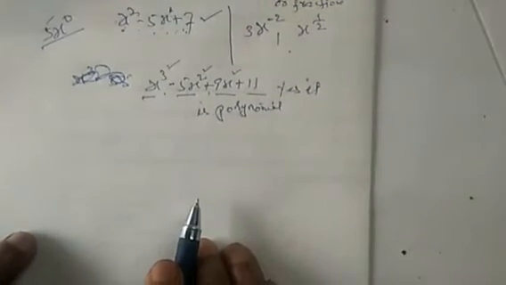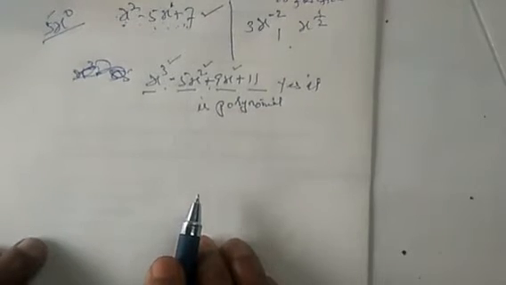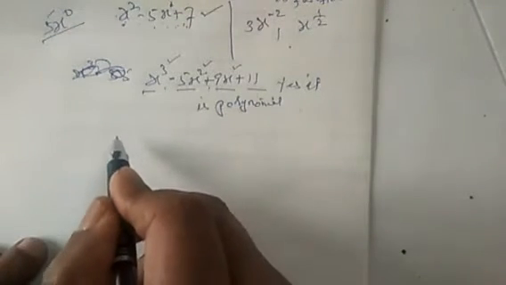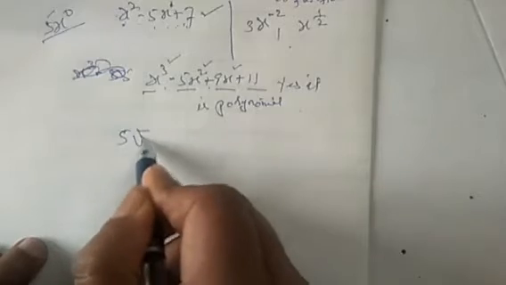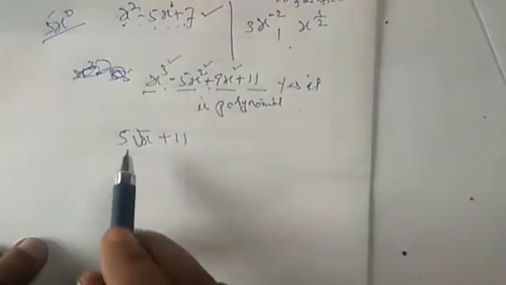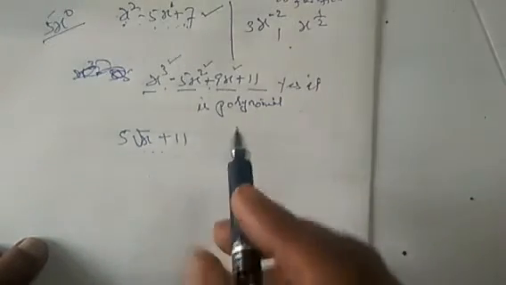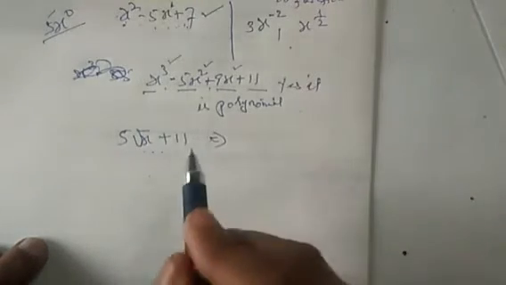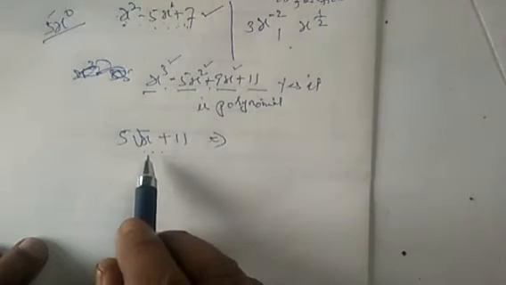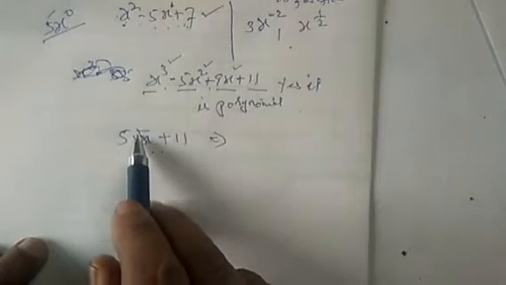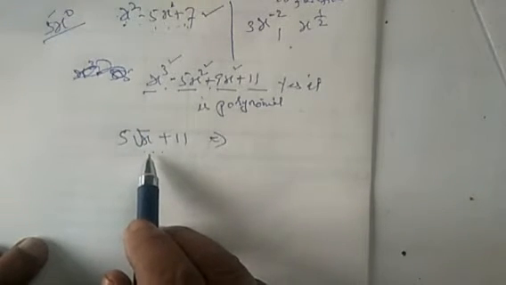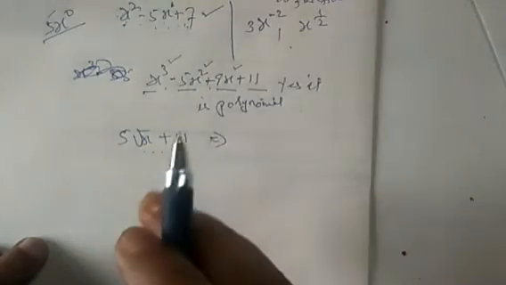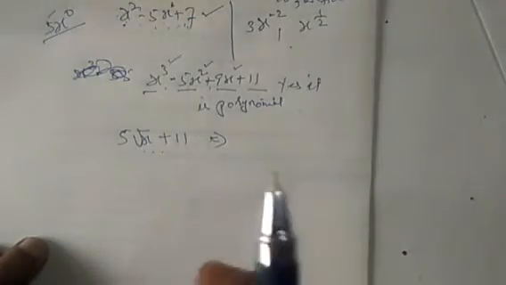Now let us see one more. Suppose I take another equation, 5 root x plus 11. If I ask you whether this is a polynomial or not, first you have to see any variable that has a root sign. Any variable which is within the root sign, then it is not a polynomial.